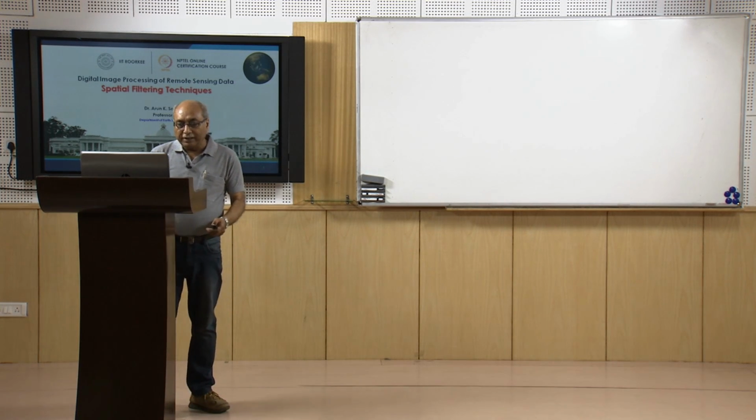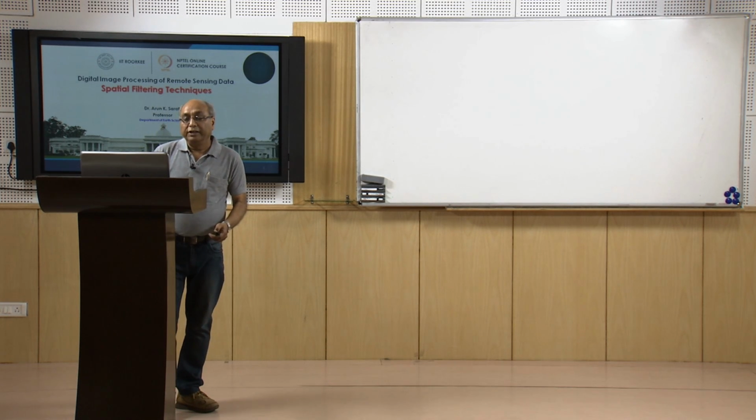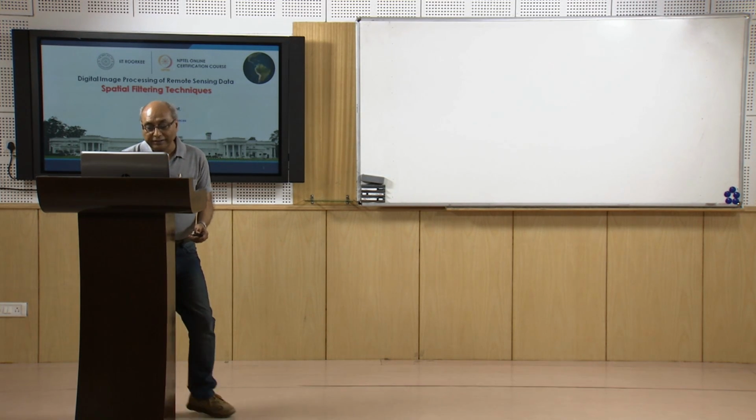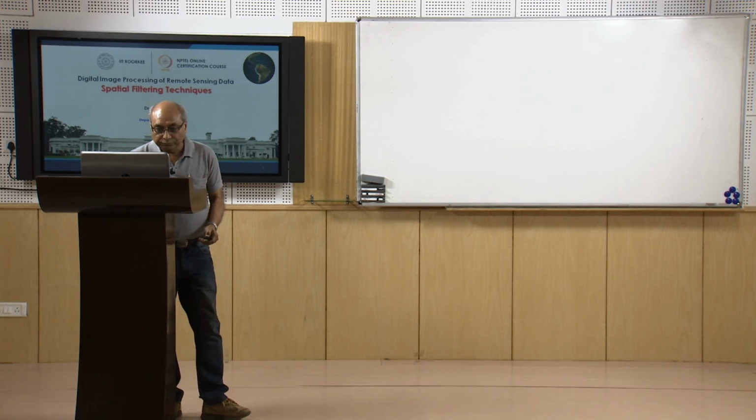In the case of low frequency details, there are few changes in brightness values over a given area. The image looks very smooth, but regional features can be picked up very easily. Contrary to this, in high frequency images the brightness values change dramatically and abruptly over a short distance, creating high frequency details.